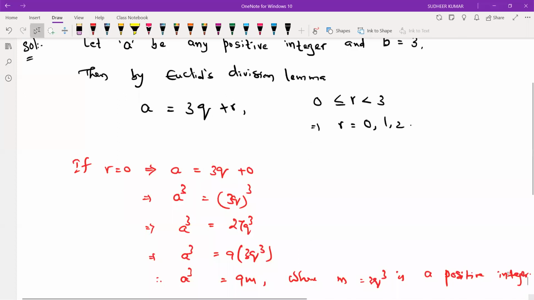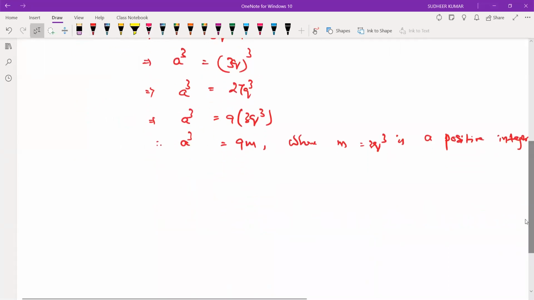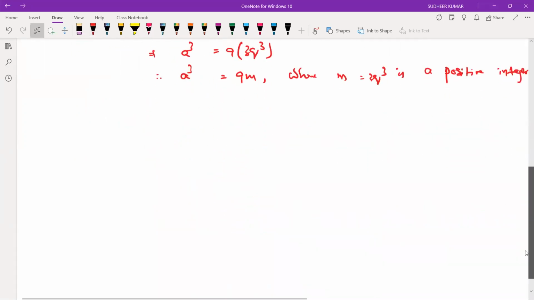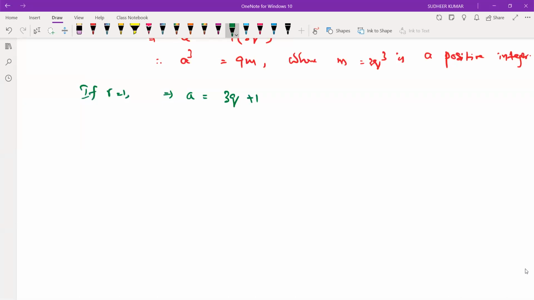Similarly, go to the next two cases. The next one is r equals 1. So a is equal to 3q plus 1. We need the cube, so cubing on both sides: a cube equals 3q plus 1 whole cube.